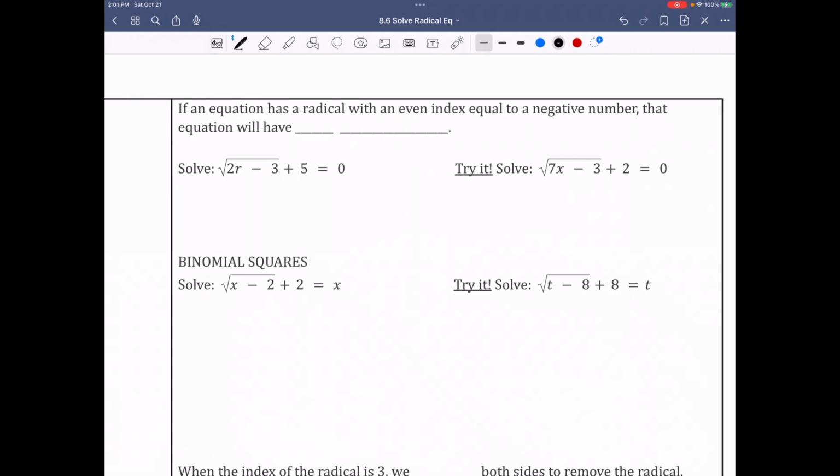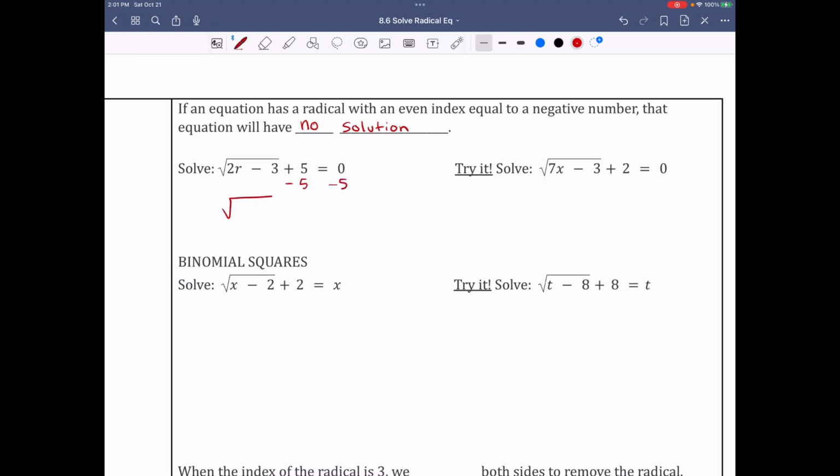If an equation has a radical with an even index equal to a negative number, that equation will have no solution because it won't be real. It won't be a real number. For example, solving this next one, we would subtract 5 from both sides.